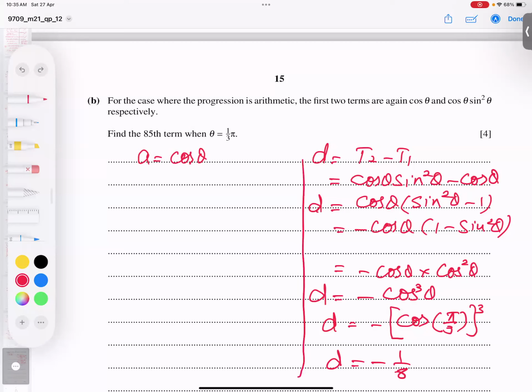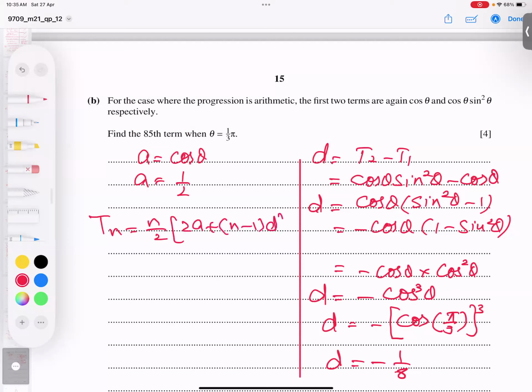What is the a value, student? I plug in the same here, and you know it very well. Cos pi by 3 is giving you half. You're looking for the 85th term. Some students in a hurry think of the sum, but no, it's a term. The term formula of AP is a plus (n minus 1) into d. I replace every n by 85.